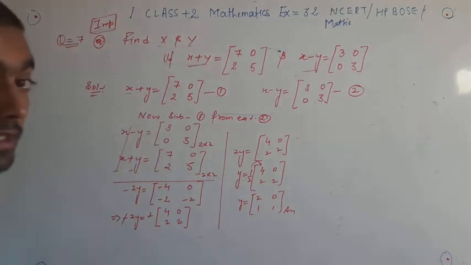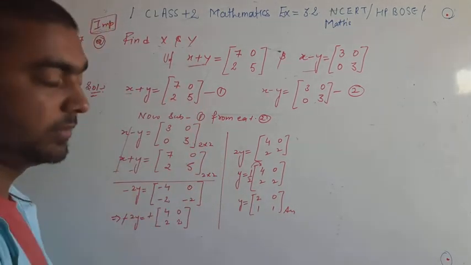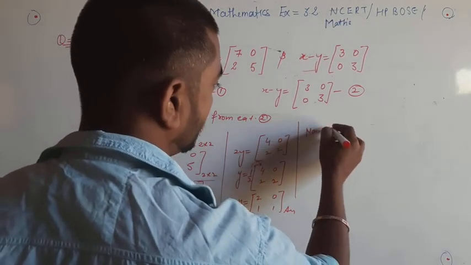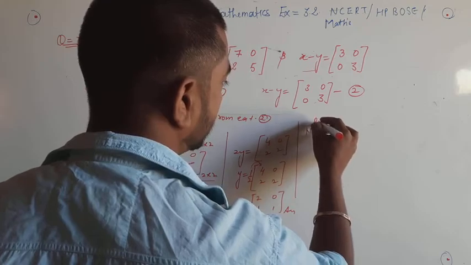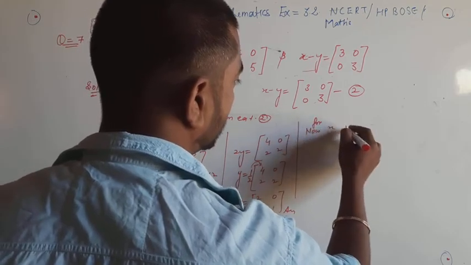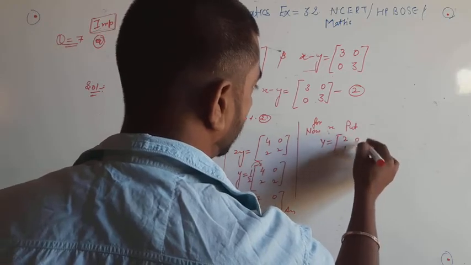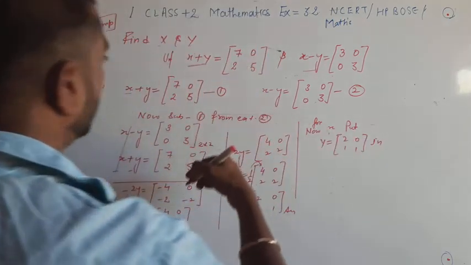Now what we have to do here? We have to find the value of x also. Now x. Put y equal to 2101 in equation 1.